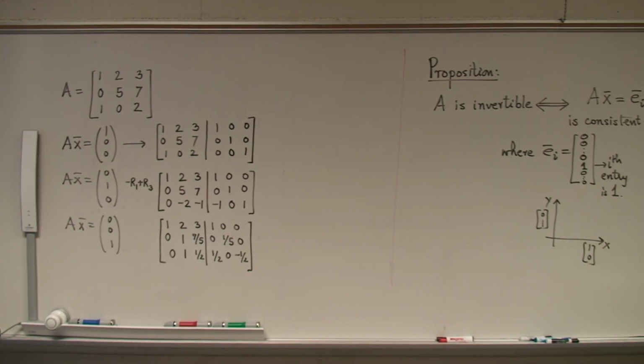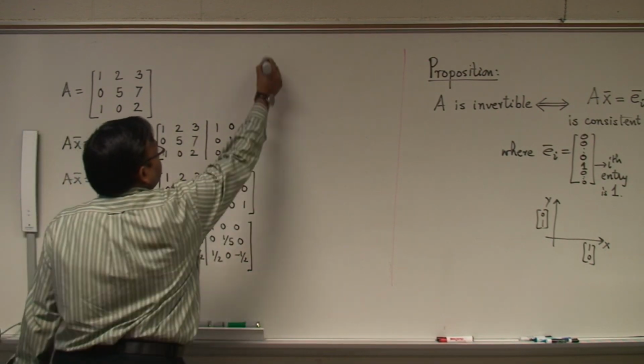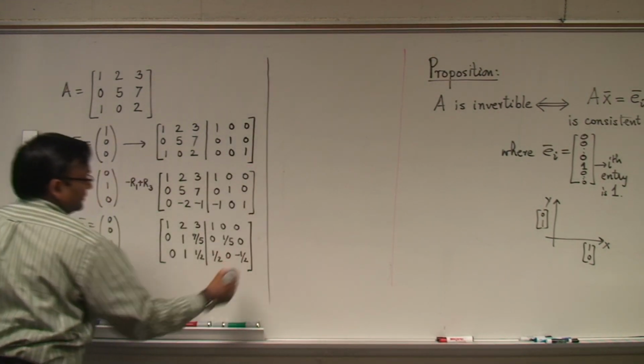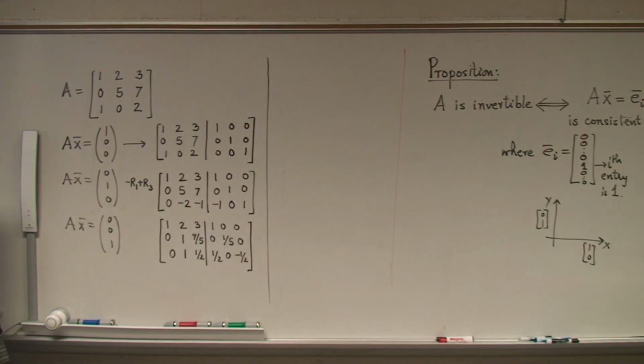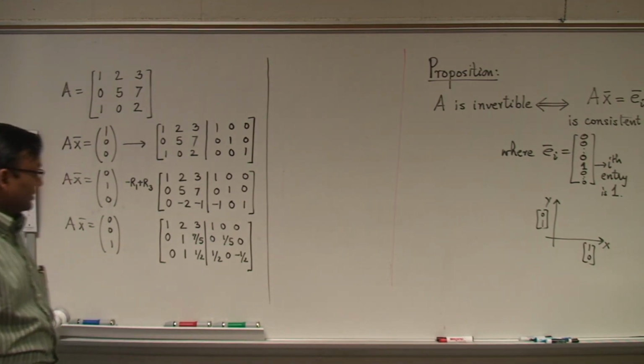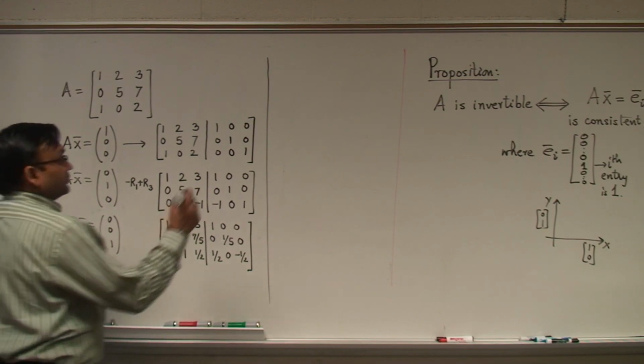So I need a pivot in every row. Or in other words, I want the rank of this matrix to become 3. If I have rank 3, I'm guaranteed no pivot will enter on the right hand side. And in which case, I will be able to find, or at least claim, something about the inverse.